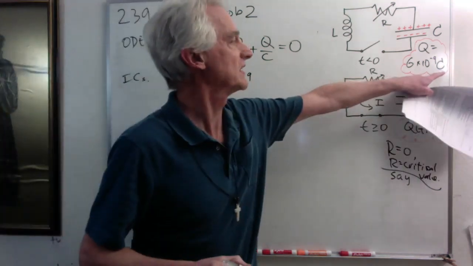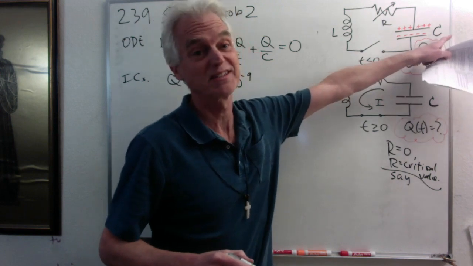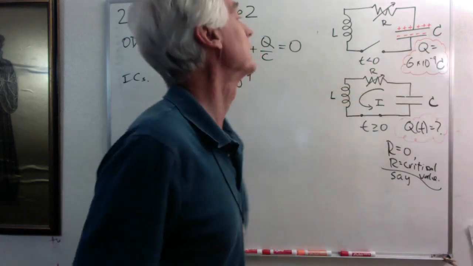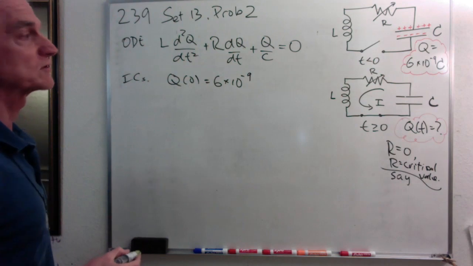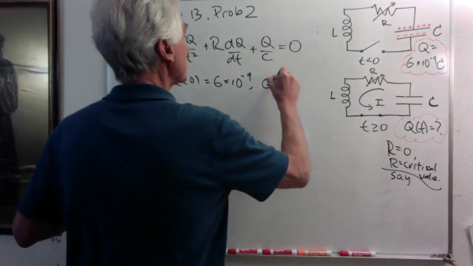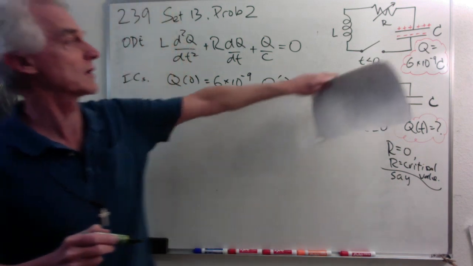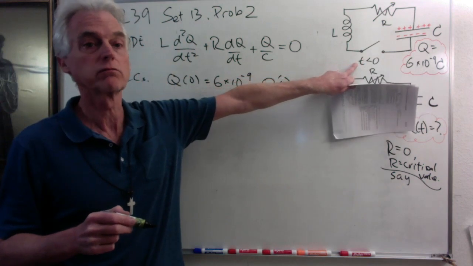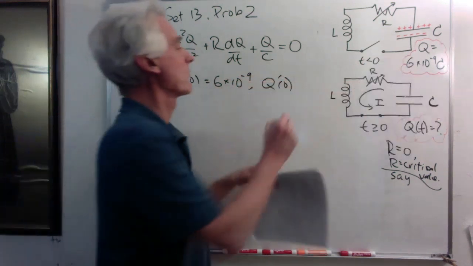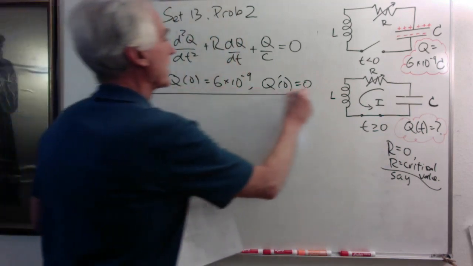Actually, capital C stands for coulombs here, and it stands for capacitance here. Those are the standard notations for those things. And what is Q prime of 0? That's the initial current. What is the current flowing at t equals 0? Nothing. 0. So basically, we want to solve this guy.